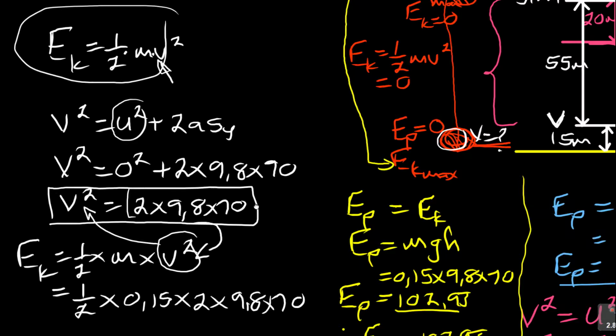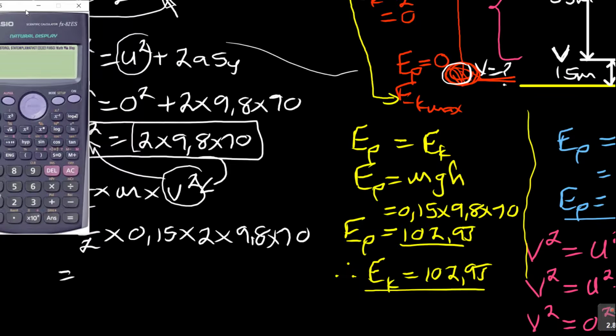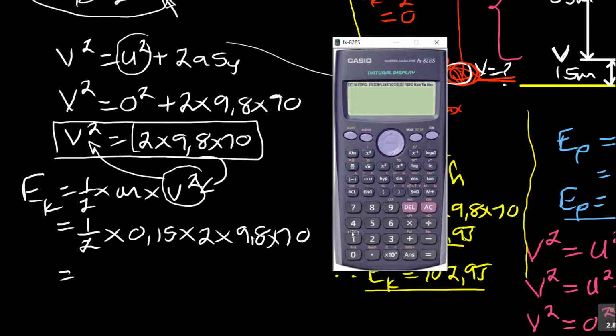And then I find the answer. That is another way, not simpler, but another option that you could have used if you wanted to go through that route. So it will be 1/2 times 0.15 times 2 times 9.8 times 70, which is equal to what?